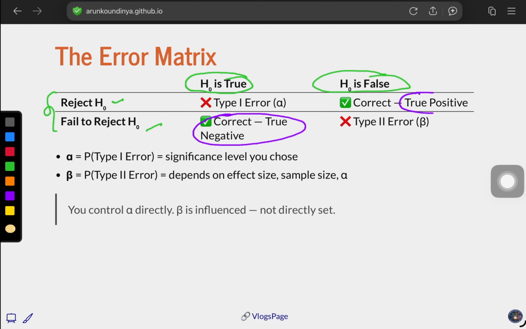But as we discussed in the previous slide, there is a chance that we reject the null hypothesis when actually the null hypothesis is true, which is called a Type 1 error, usually denoted alpha.